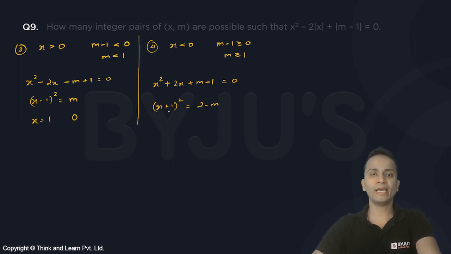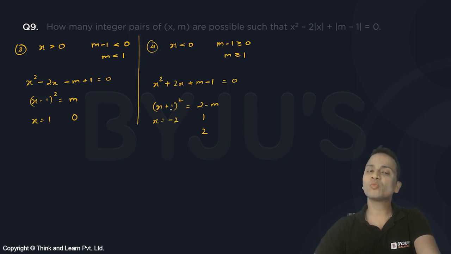Now x is less than 0, x will be negative, and m will be greater than or equal to 1. Now x plus 1 whole square will always be non-negative, so we will have to keep the right hand side non-negative once again. So m can be 1 or it can be 2. Correspondingly, the values of x: if m is equal to 1, the right hand side will be 2 minus 1, that is 1, so I can put x as minus 2.